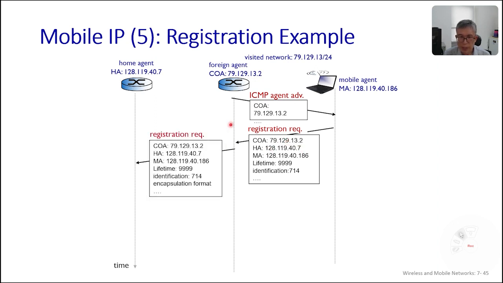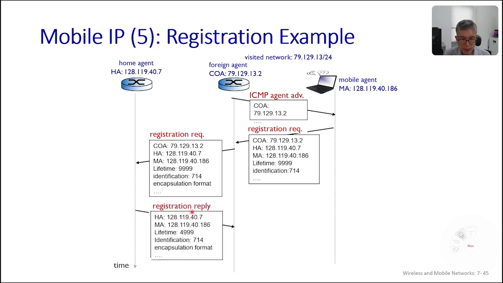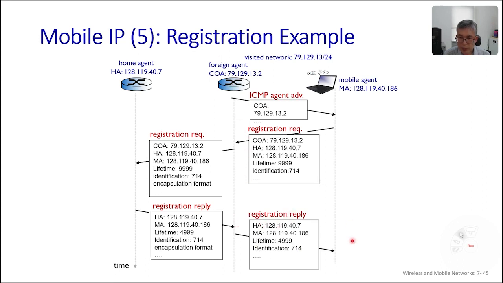The foreign agent forwards the registration request toward the home agent of the mobile node. Then the home agent makes a registration reply, and the foreign agent forwards it. After this step, between the home agent and foreign agent, we establish the tunnel for indirect routing.